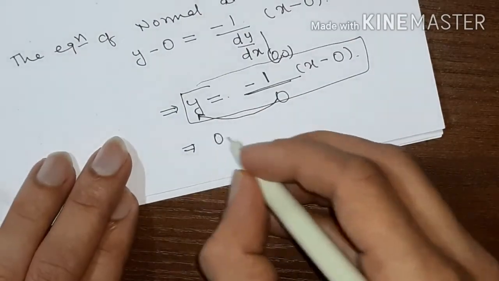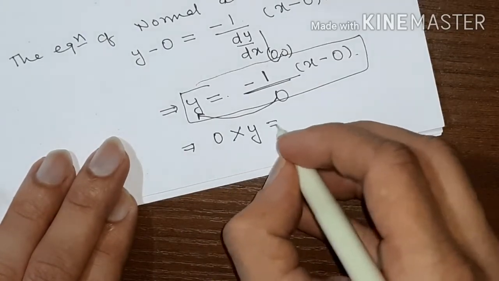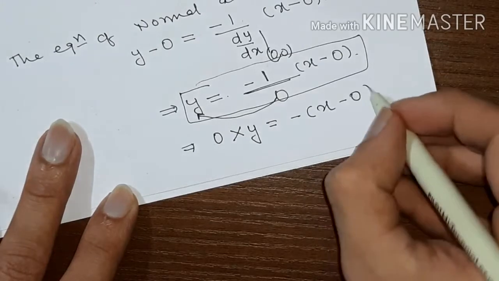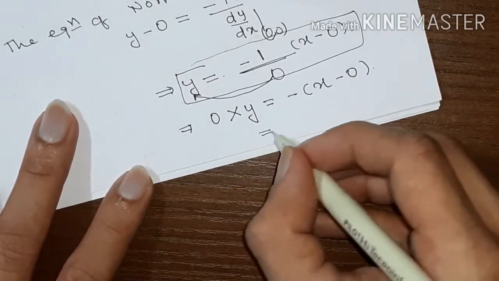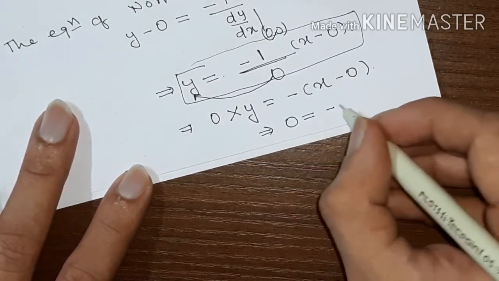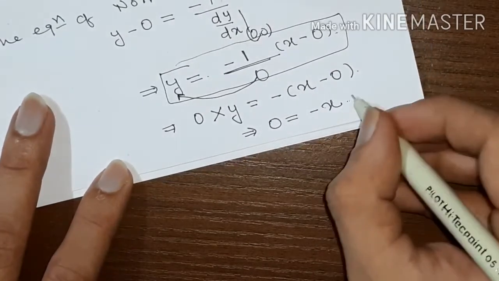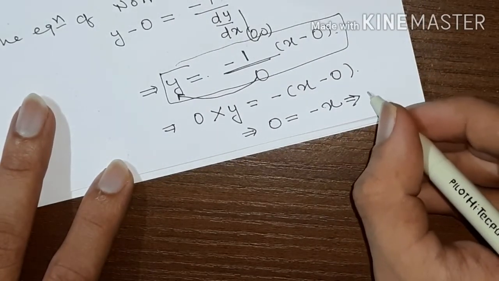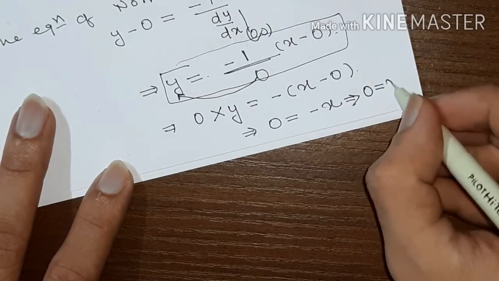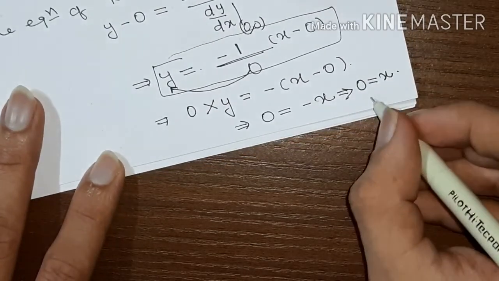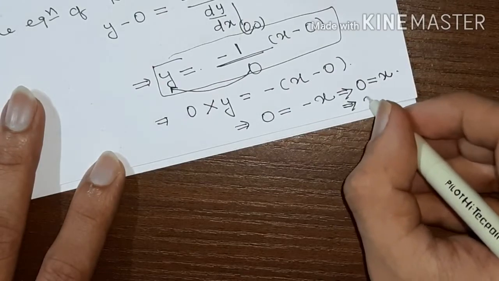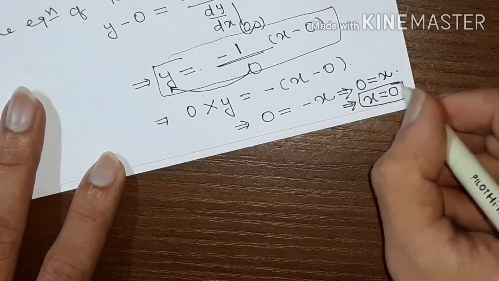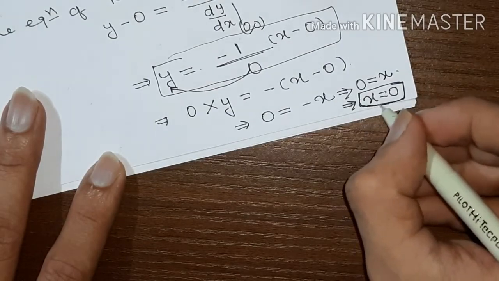What you will get, 0 times y is equal to minus x minus 0. So that is 0 is equal to minus x, right? And if we multiply minus sign on both sides, what you will get, 0 is equal to x, right? So what you are getting is x is equal to 0, and which is the equation of the normal.